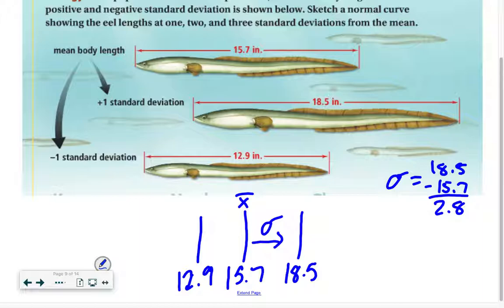So I have my 1 deviation away. I need my 2. What is my low 2? 10.1. What's my high 2? And then my 3 is, what do I get for those values?